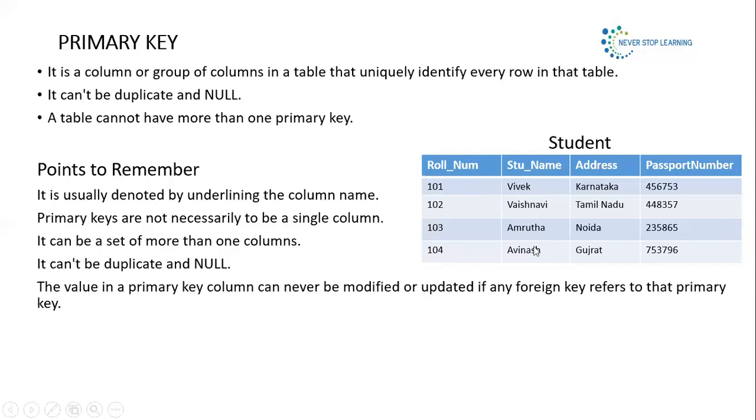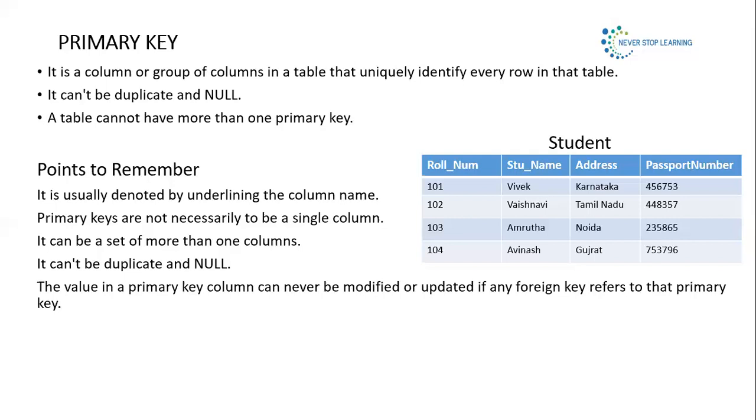Fine. So we can have a group of columns also as a primary key, but the clause is that in every table there should be only one primary key. It cannot be a set of more than one key. Every table, only one primary key is allowed. It can't be duplicate or null, as I already told you.